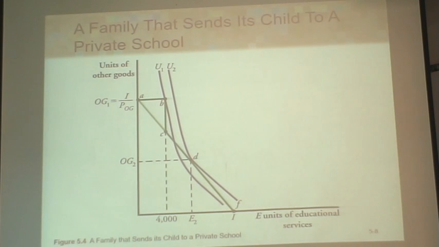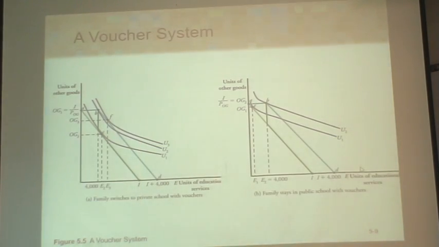Okay, so let's move on. Got it? Okay. Of course, people may change their taste. We talked about this before, right? We talked about cash grant and also in-kind grant, in-kind subsidy and cash grant. So after you consume more education, you may change your taste.